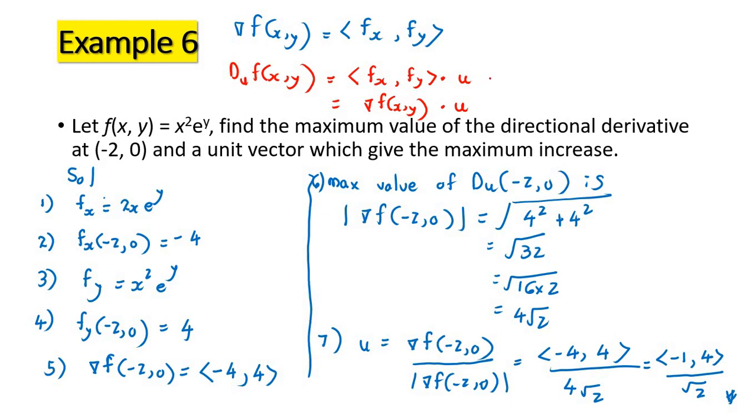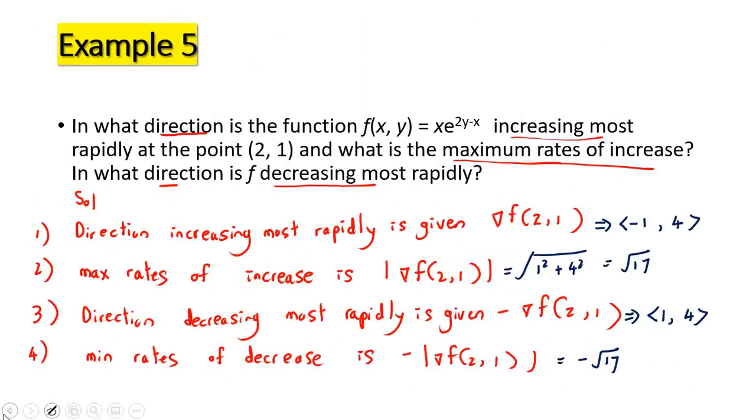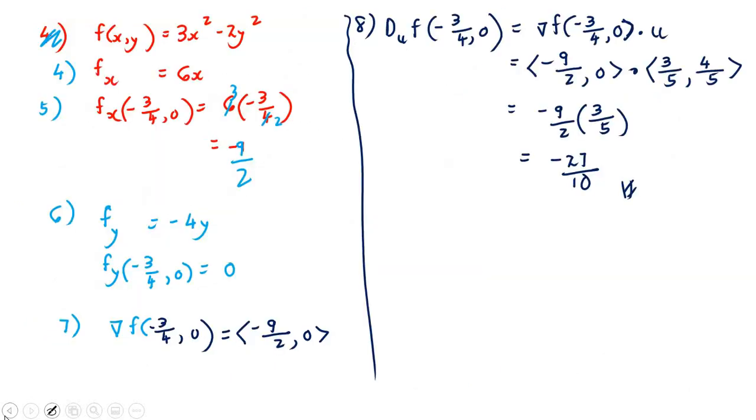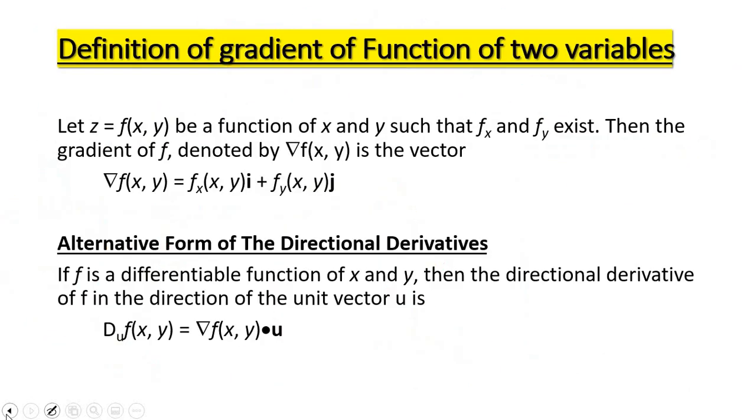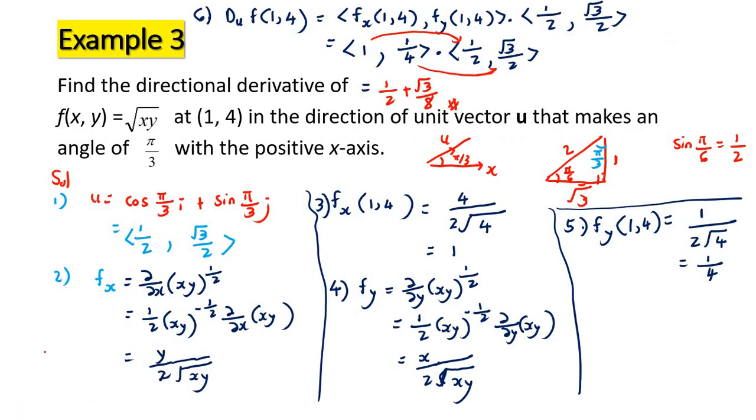In the third example, u makes an angle pi over 3 with the positive x-axis. So the component i is cos pi over 3, and the component j is sin pi over 3.